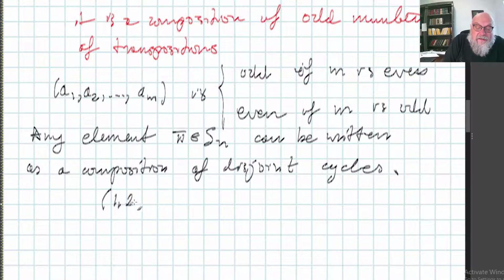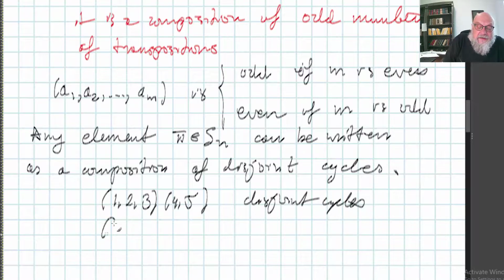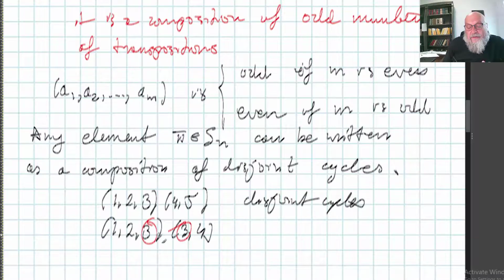So for example, these cycles are disjoint, and these cycles are not disjoint, because here we have 3 appearing in both. So you can see that in a certain way every permutation can be represented as a product of disjoint cycles, and that's great. Notice that in such a case these cycles commute.